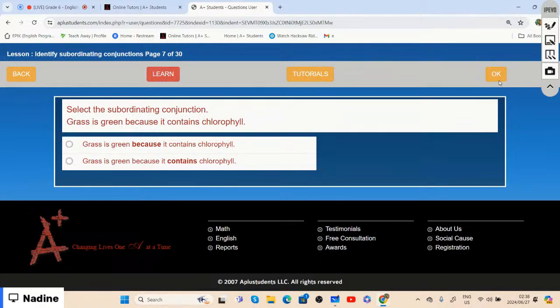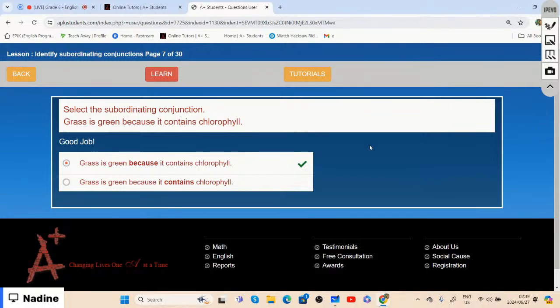So grass is green because it contains chlorophyll. And if we choose the correct one, we would say because. That is the reason why the grass is green. All right, so option one is correct.